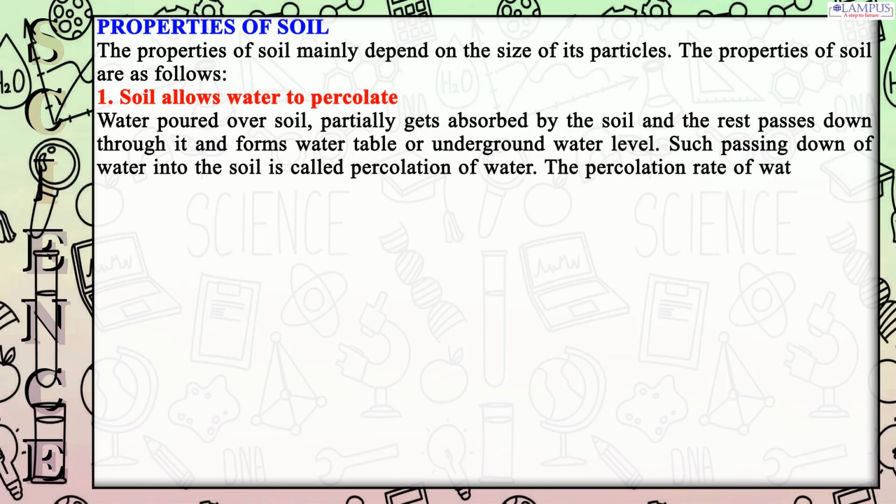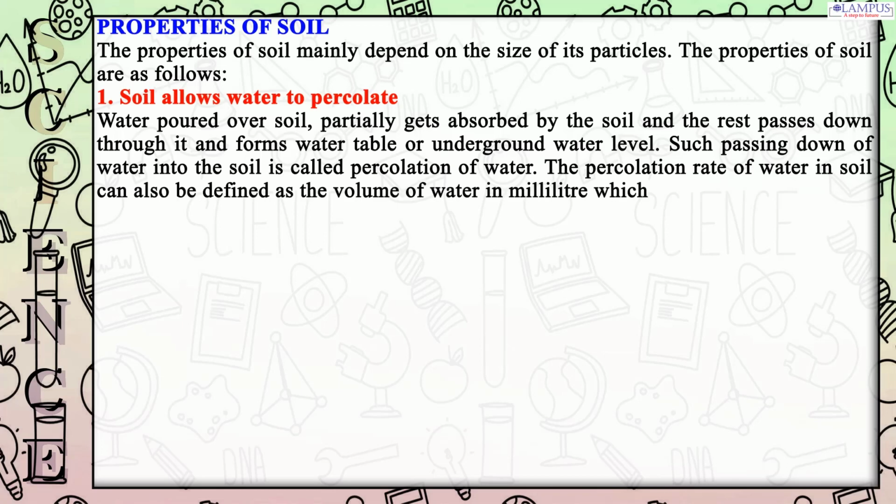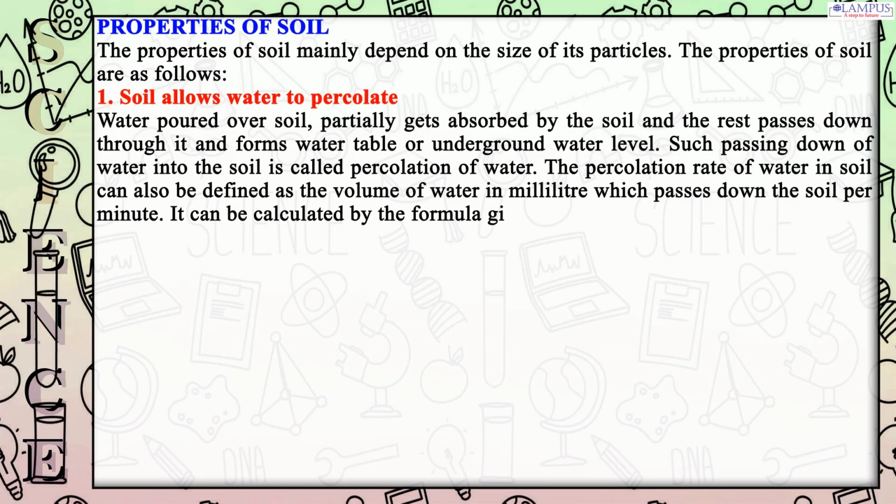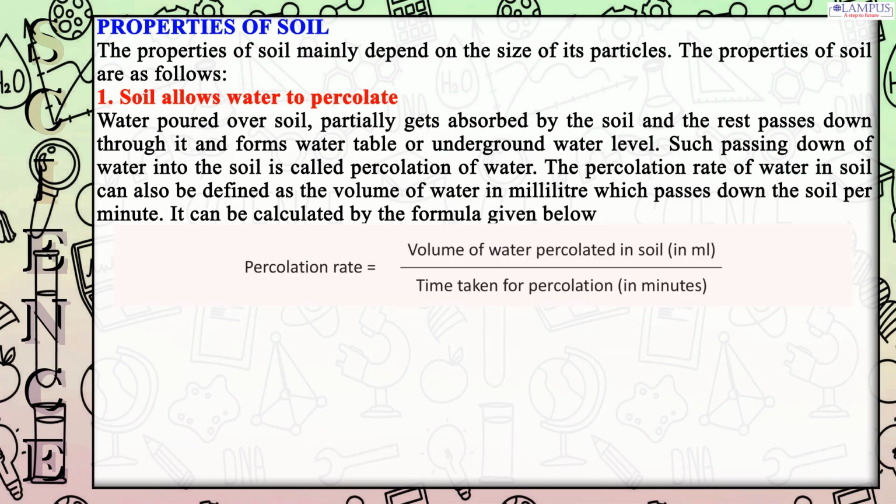The percolation rate of water in soil can also be defined as the volume of water in milliliters which passes down the soil per minute. It can be calculated by the formula given below. Percolation rate equals volume of water percolated in soil, in milliliters, divided by time taken for percolation, in minutes.